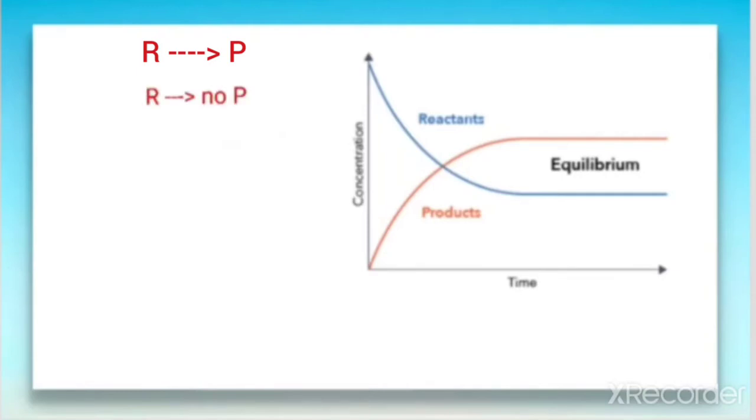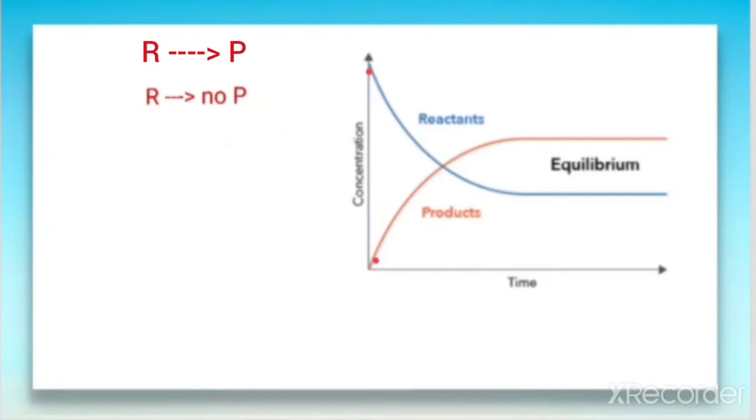Here I am representing the reactant as R and the product as P. So when the time is 0, there is only reactant, because the product is 0; before the reaction starts only reactant is present, no product.